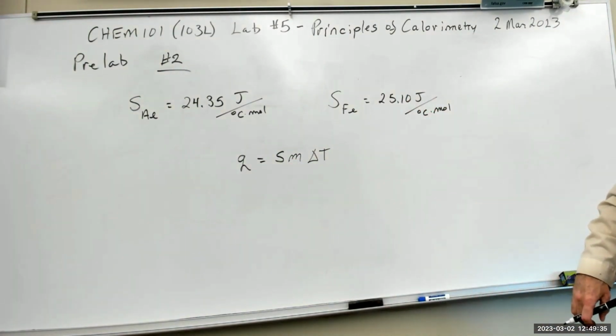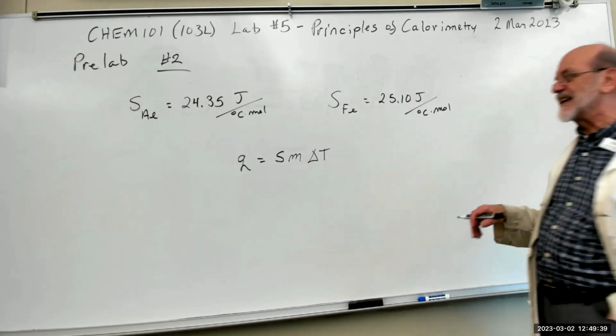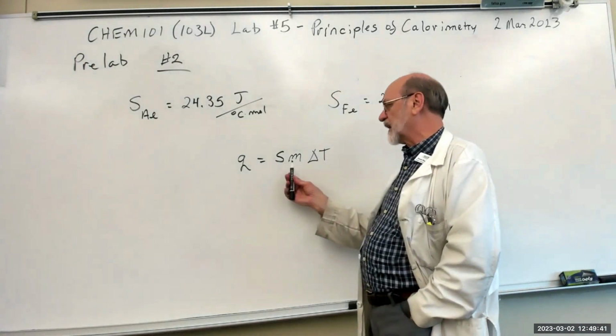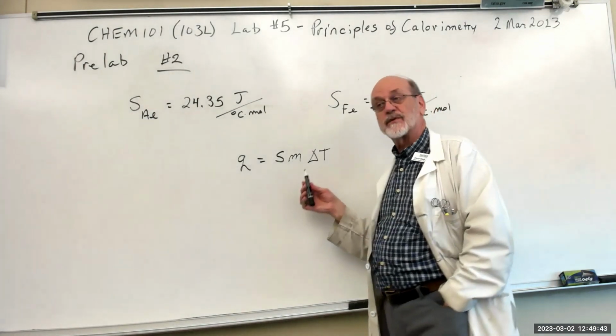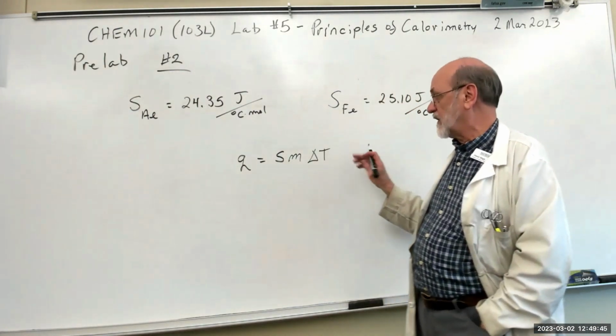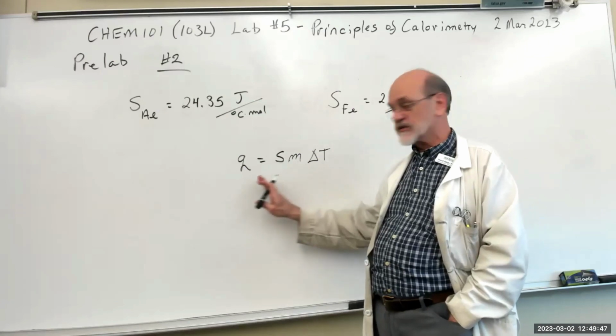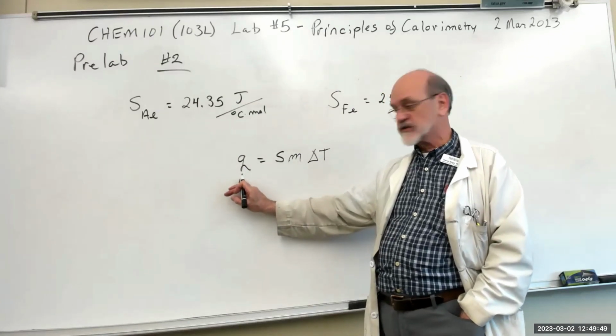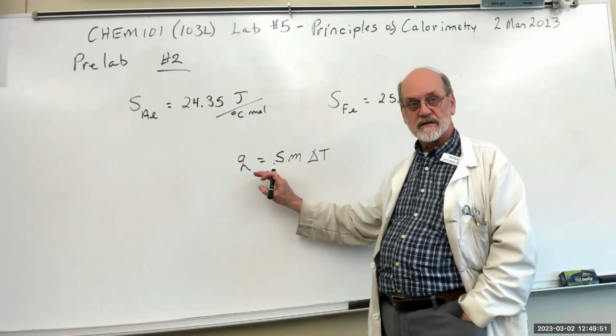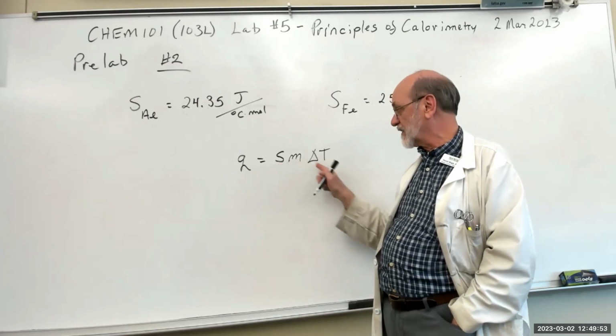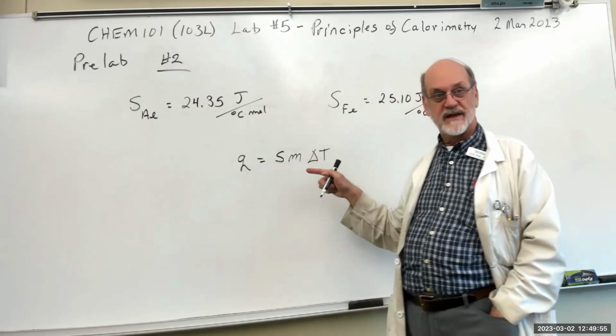They said considering only the heat capacity. So that means they're making this one constant, and the change in temperature will be the one that varies, because we've got a certain amount of heat that's constant and the mass is constant. So we're letting these vary. So how do they vary?